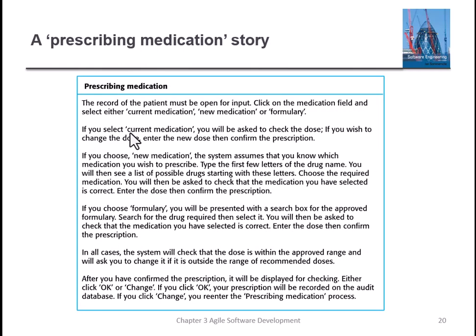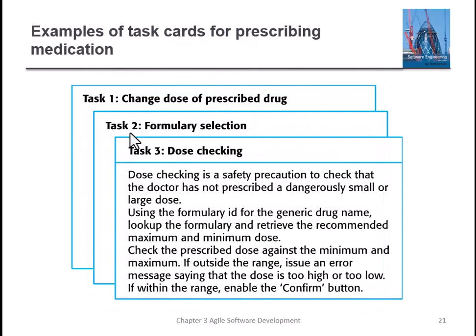This is an example, a prescribing medication story. The record of the patient must be open for input. Click on the medication field. So this is a long story, and converting it into tasks, it becomes like this. These are the story cards. Task 1, change dose of prescribed drug. Task 2, formulary selection.